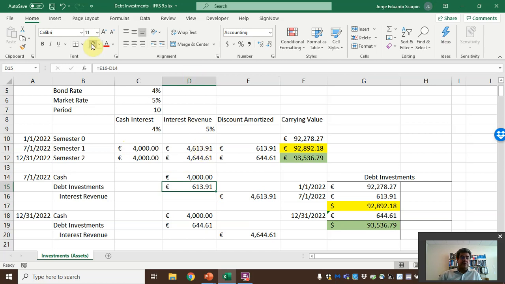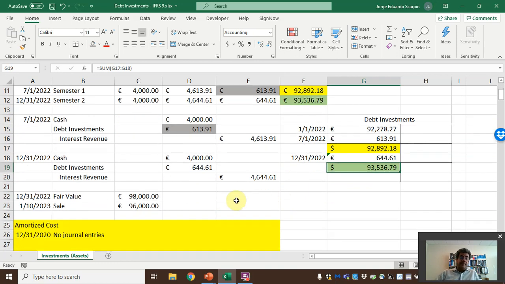So 613, 613. Here, at the end of the first semester, 92, the same 92 here. Second semester, December, the same, but with these numbers, and the carrying value must match the debit investment account. Okay, an asset account here.